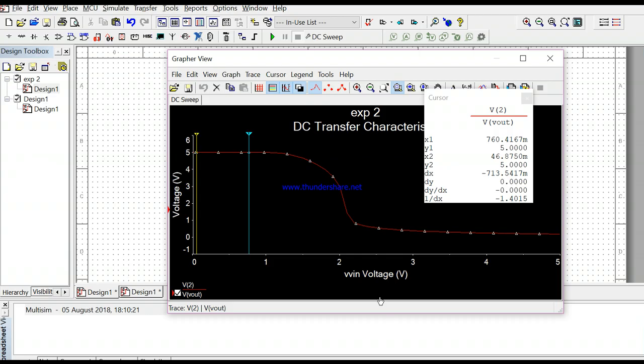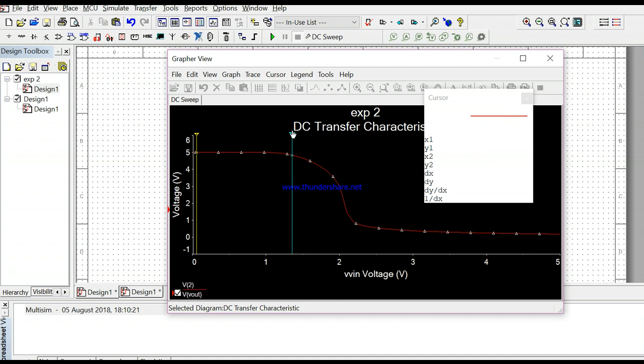So I'll do it for you. You can see over here, when my input is 1.36 volt, output is 4.8 volt.